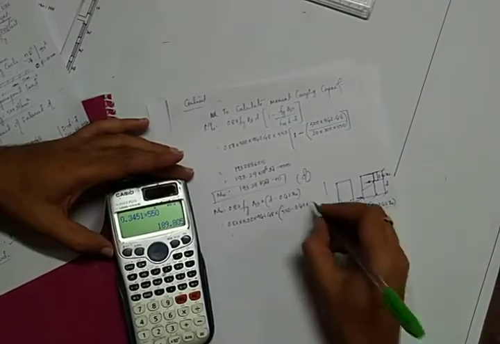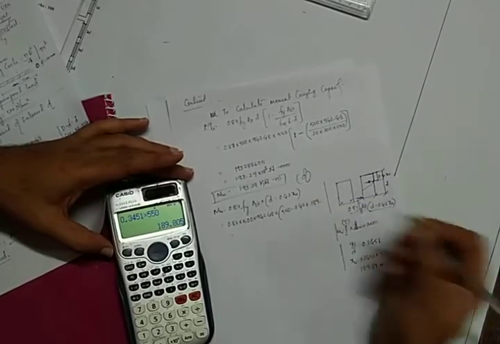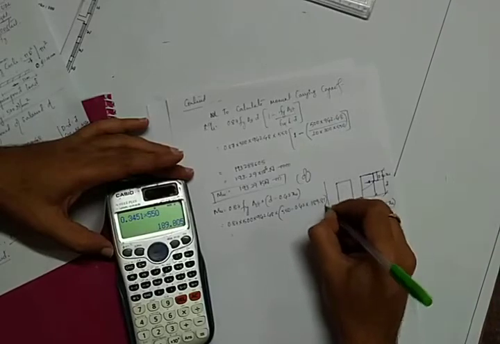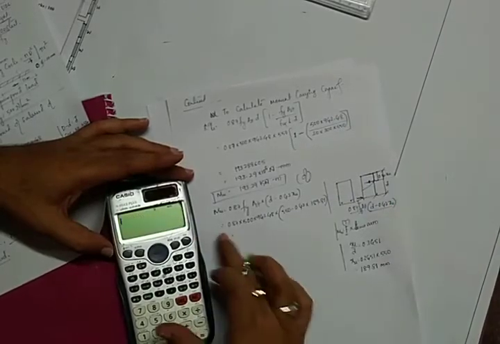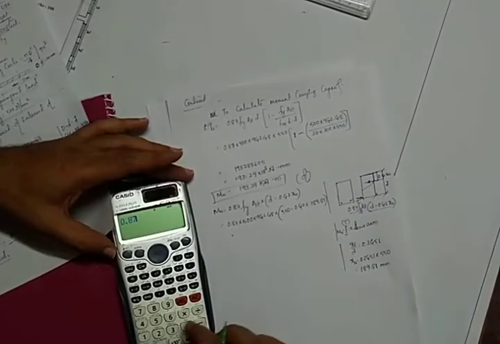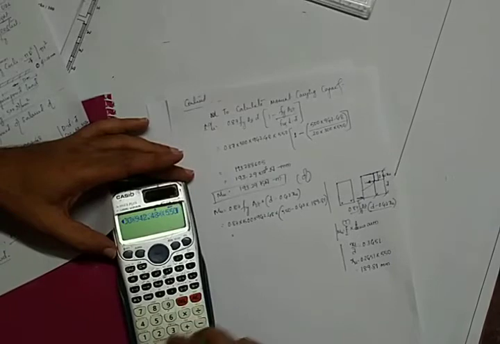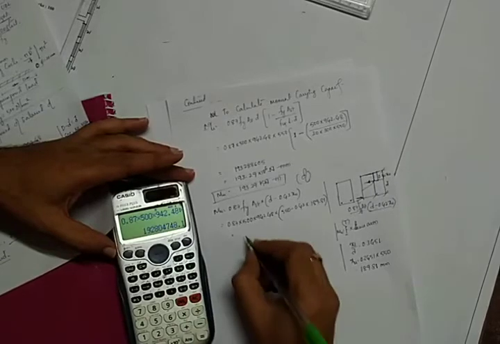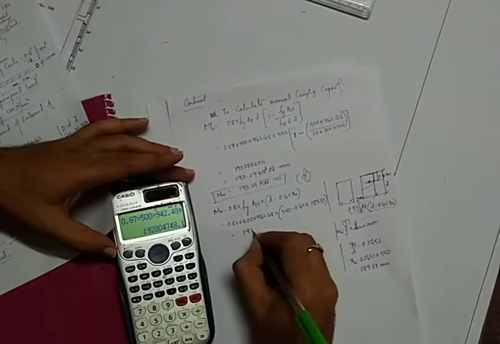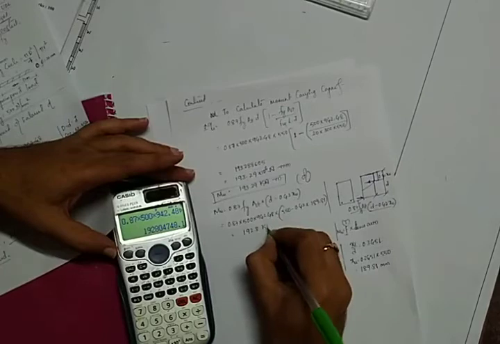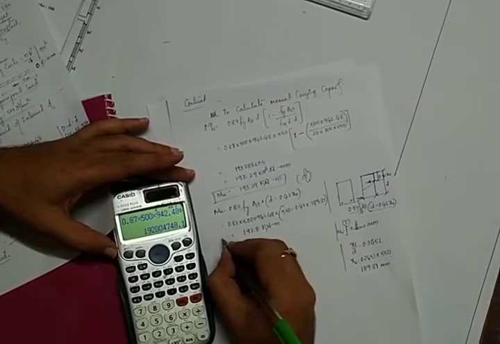So substitute the value. Calculate this value, 0.87 into 500 into 942.48 into 550 minus 0.42 into 189.81. So you will get a value, 192.8 kilonewton meter.